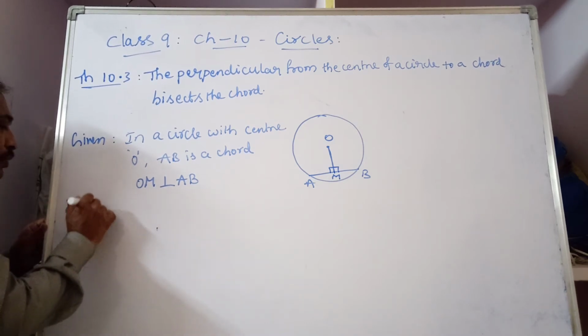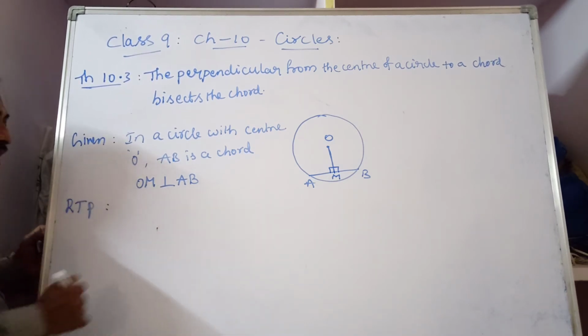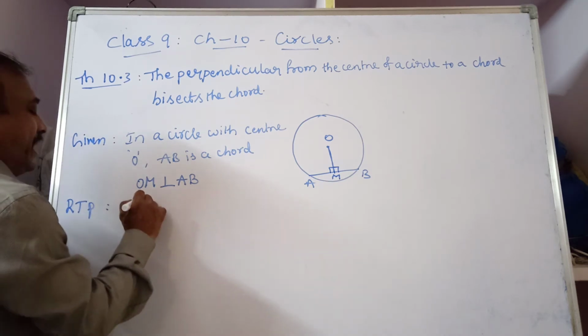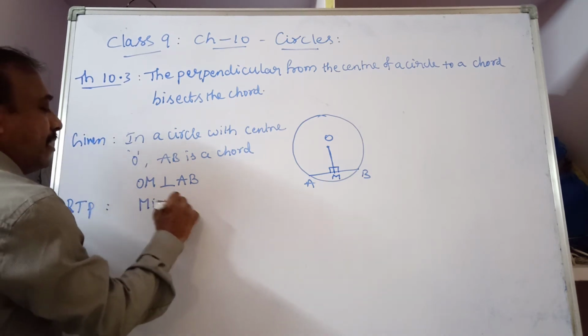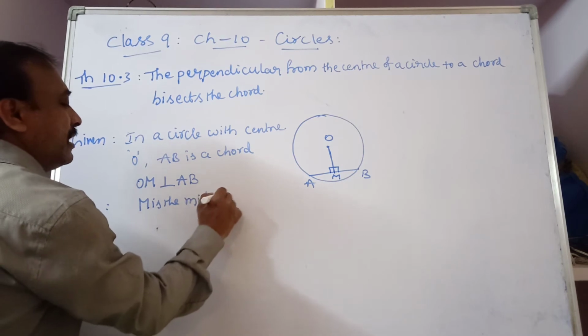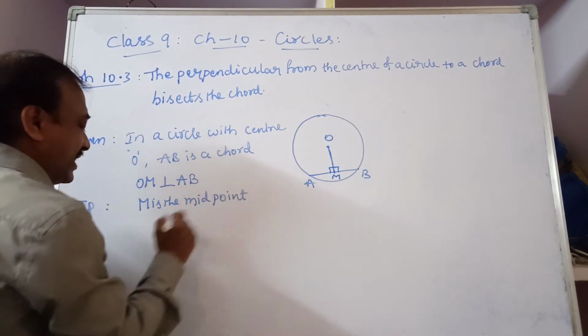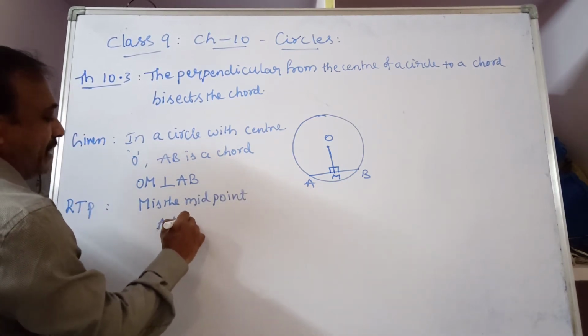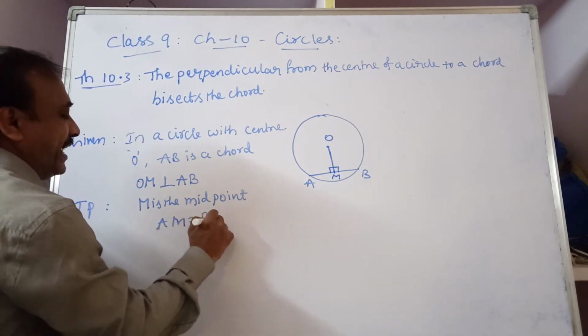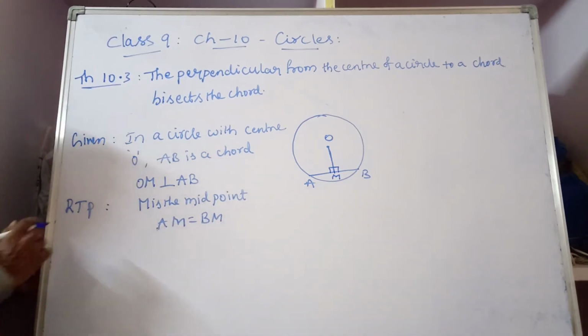We have to prove that M is the midpoint, which is nothing but AM is equal to BM. That we have to prove.